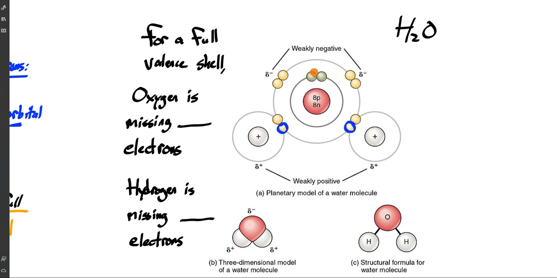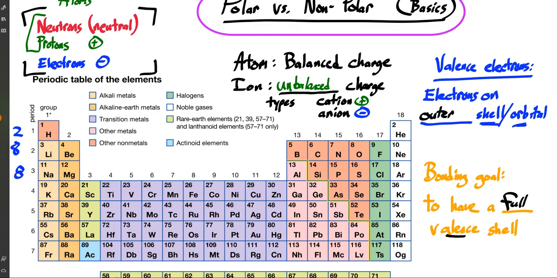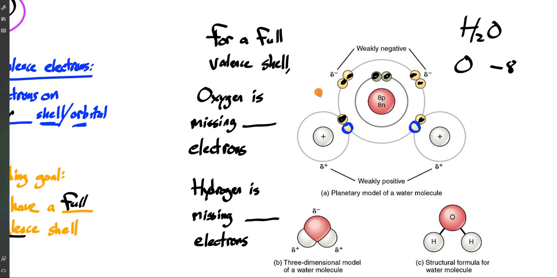An atom of oxygen will have 1, 2, 3, 4, 5, 6, 7, 8. So oxygen has 8. But a full shell, 2 plus 8, would be 10. So it's missing 2. If it had 2 more, then this outer shell would be full.